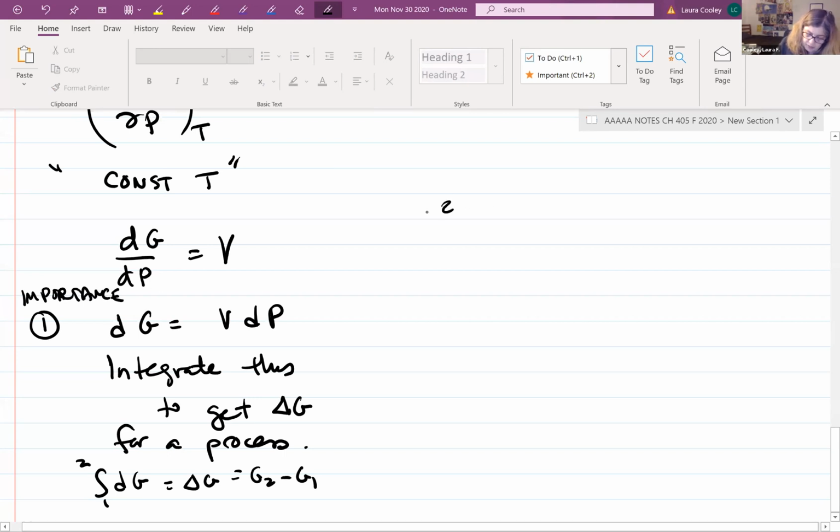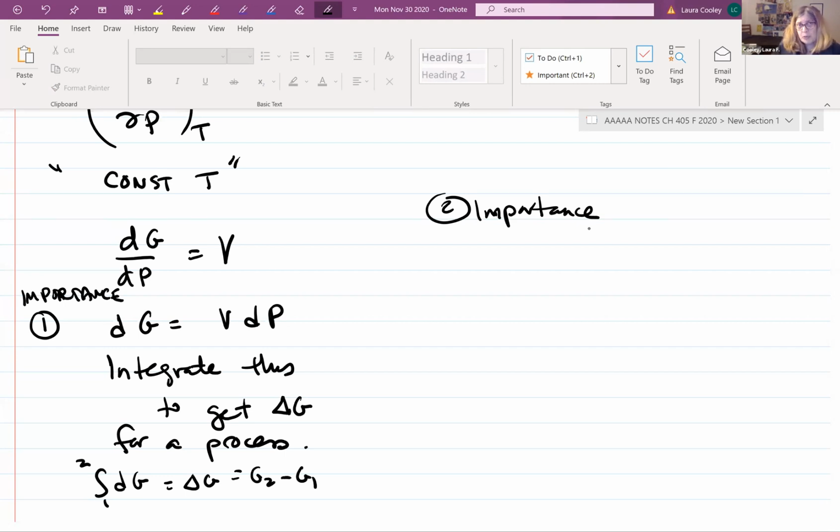But there's another very important, second importance, and that is that I don't have to know how the Gibbs free energy changes or varies with pressure. I don't know how it varies with pressure, but I do know something. I know that the volume is always positive.